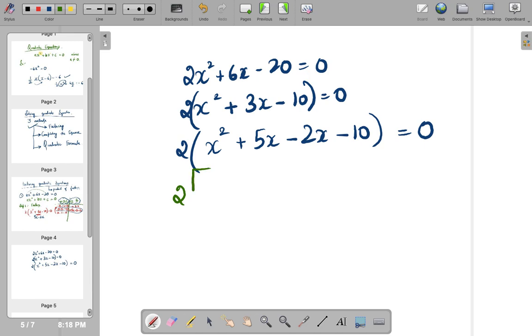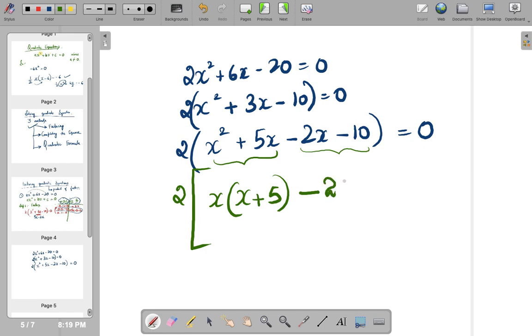I'll take 2 outside. I'll use a square bracket here. Let's take the common from it. So x is common: x plus 5. Here, let me take the common one. I'll take it as minus 2 times x plus 5.